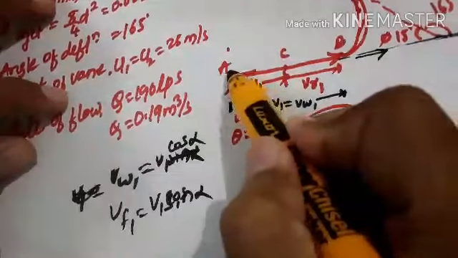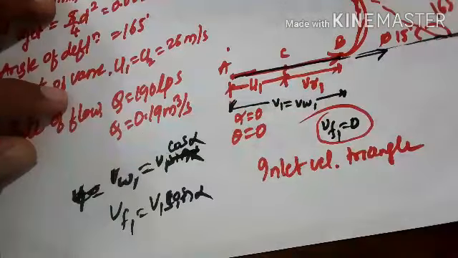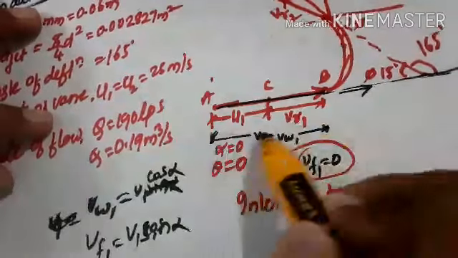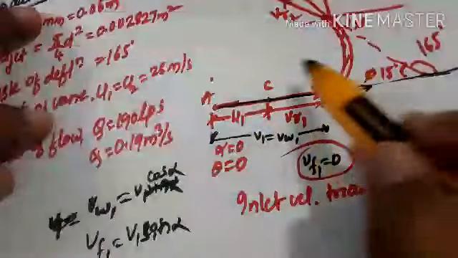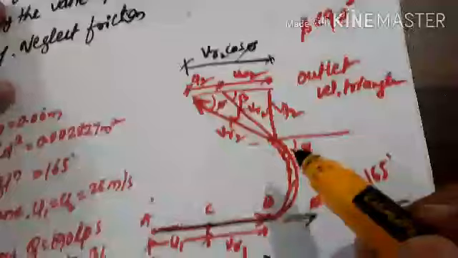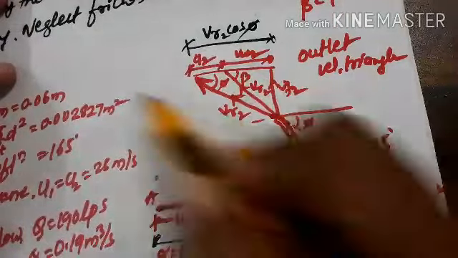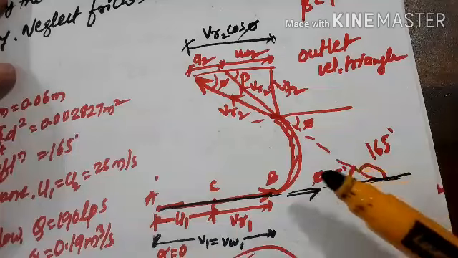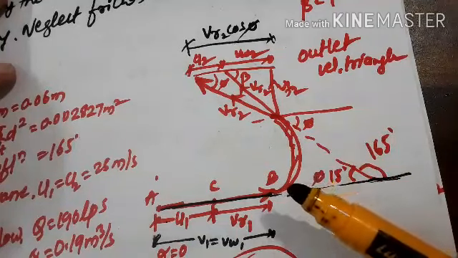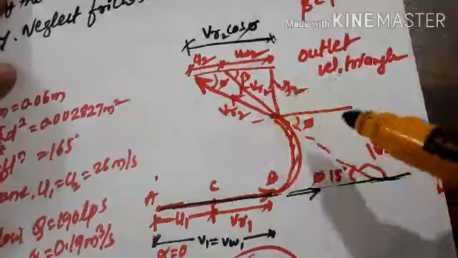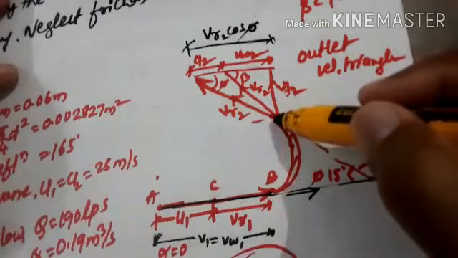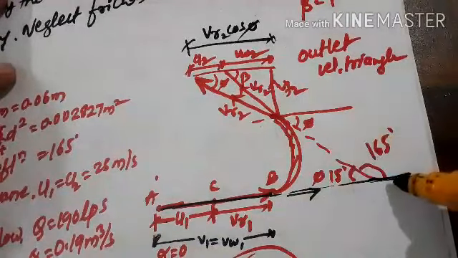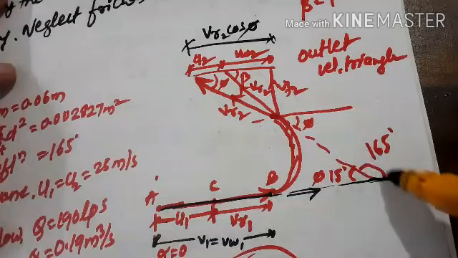So the inlet velocity triangle will be a straight line. Okay, then mark the vane velocity, the relative velocity and the absolute velocity in this inlet velocity triangle, and the outlet velocity triangle. As the jet strikes, it deflects by an angle of 165 degree. The deflection angle to be taken is the angle made by the VR2. When you draw VR2 and project that tangent and join to the horizontal line, you will get this angle.